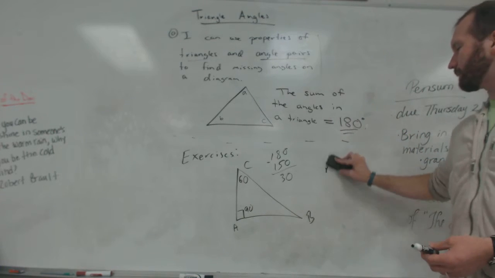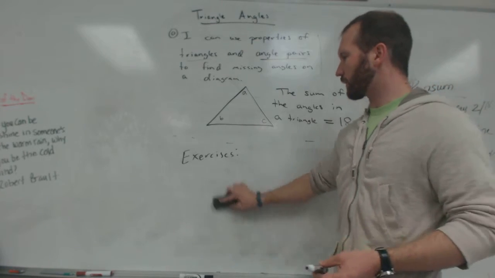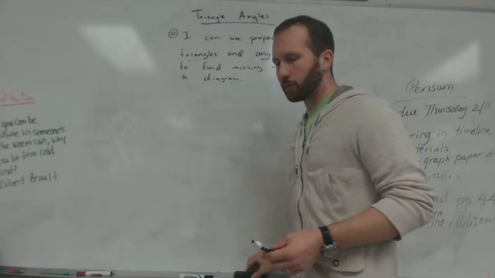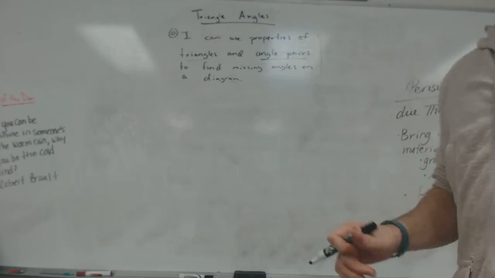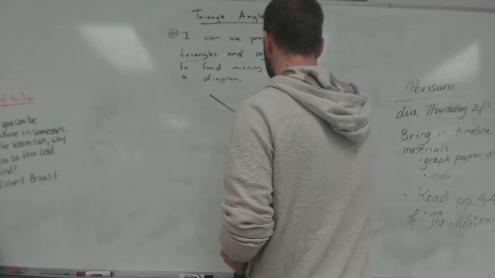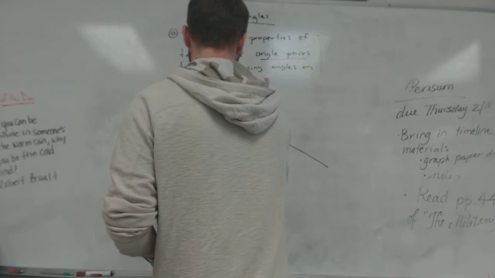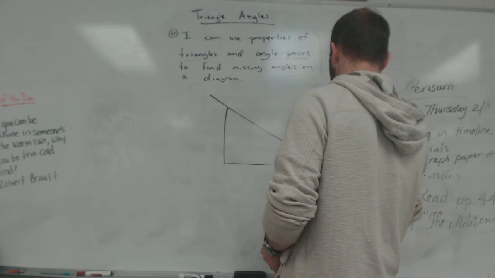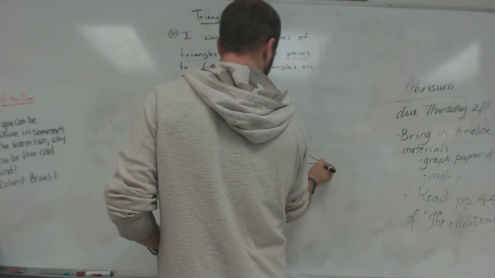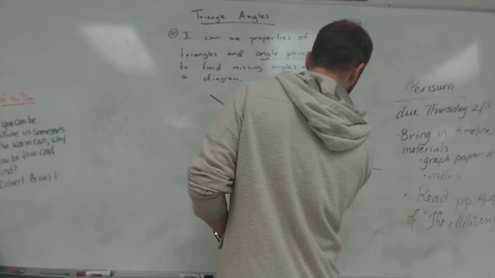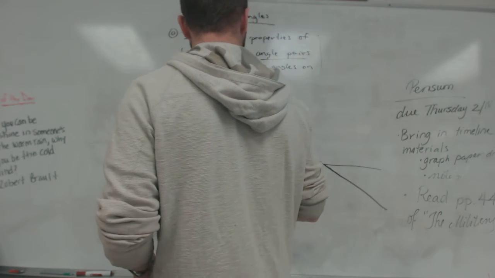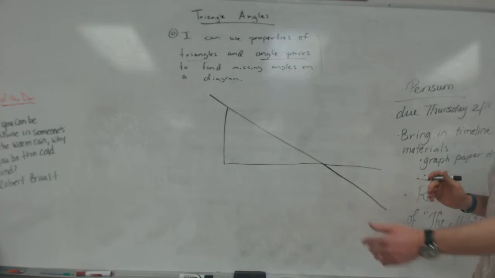Alright. But this does get a little bit more complicated when we start to look at our linear pairs and vertical angles. So if I have something like this, here's the triangle, right?